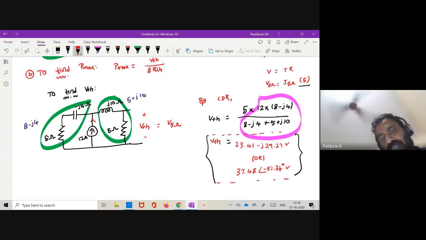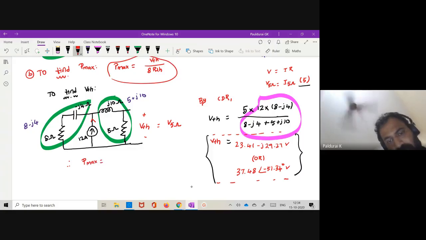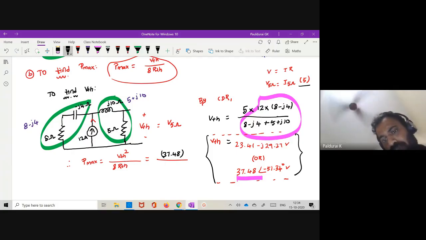Now what I want to calculate is my P max, you know the formula, right? P max is VTH squared divided by 8 times RTH, where VTH this time you take the magnitude. It is 37.48 the whole square divided by 8 times, as I told earlier, RTH, the real part of load, which is 3.415.